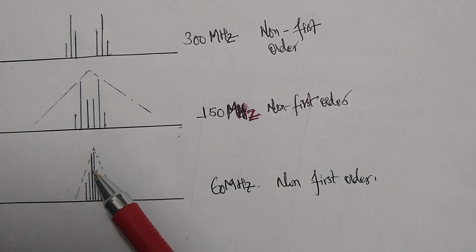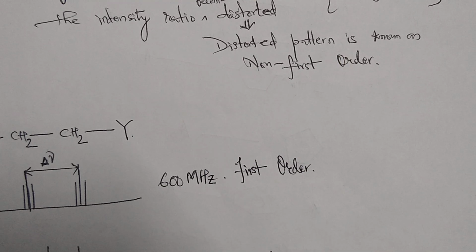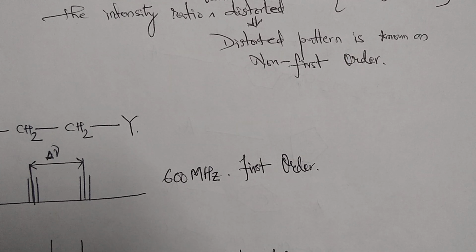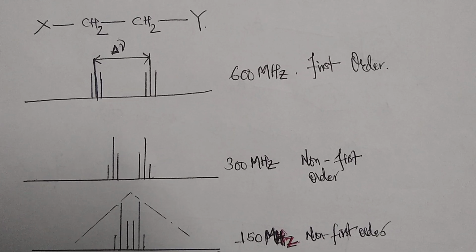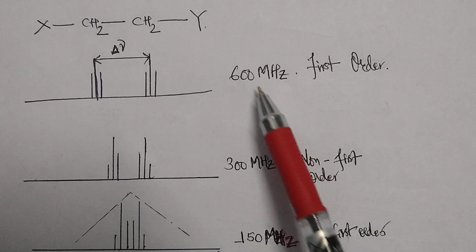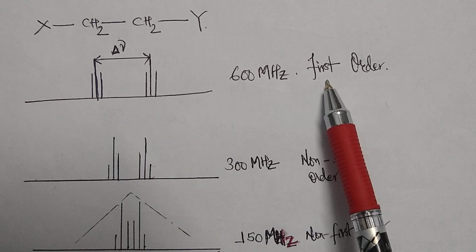With the help of the roof effect, this distorted intensity pattern can be observed. So with the help of this example, we can understand that at a high field NMR instrument the pattern observed is a first order pattern.